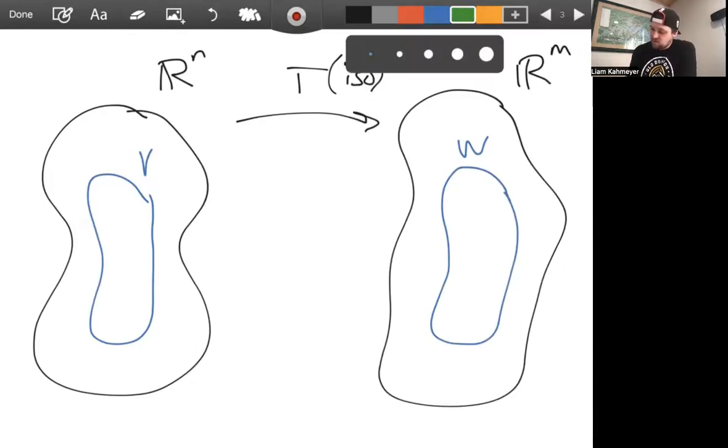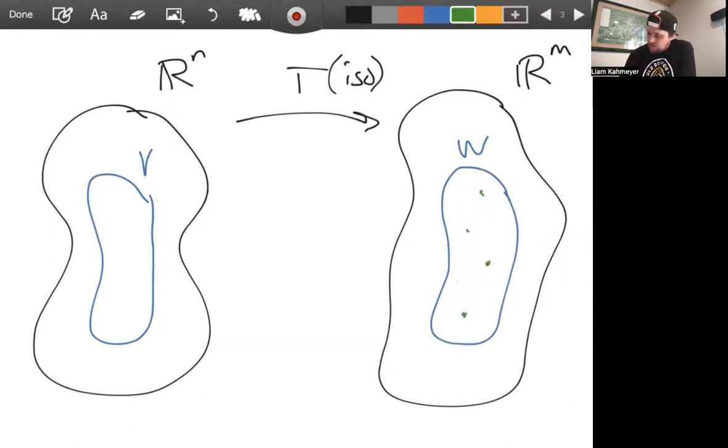What does onto mean? Onto means that every point in the codomain, or in the image, is hit. So let's say we have 4 points here that we're looking at. Onto means that every point in W is mapped to by some element from V. And one-to-one means every element in V maps to only one element in W.